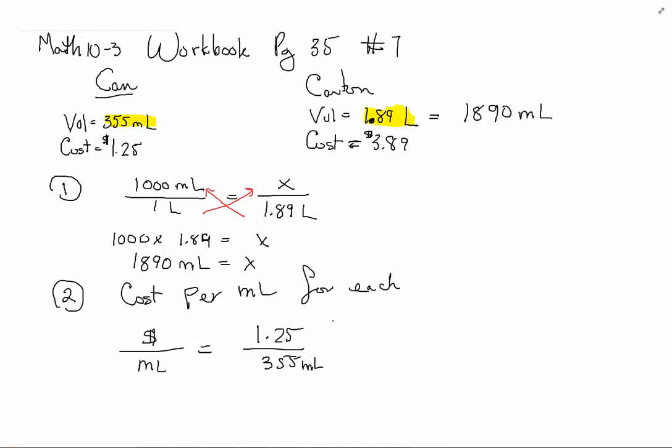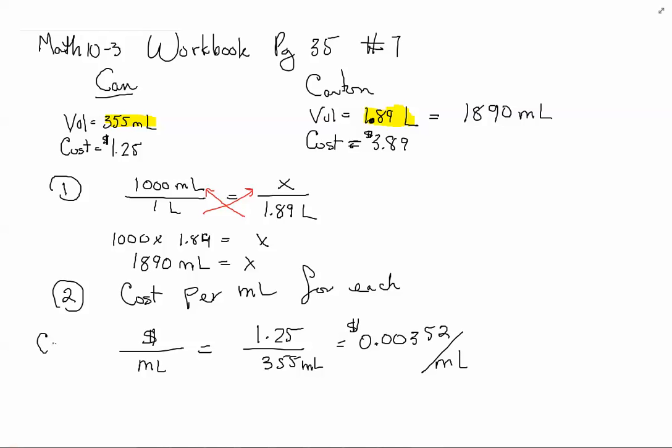I'm just going to divide that out: $1.25 divided by 355 comes out to be 0.00352. In terms of dollars, that's about 0.3 of a cent per milliliter.